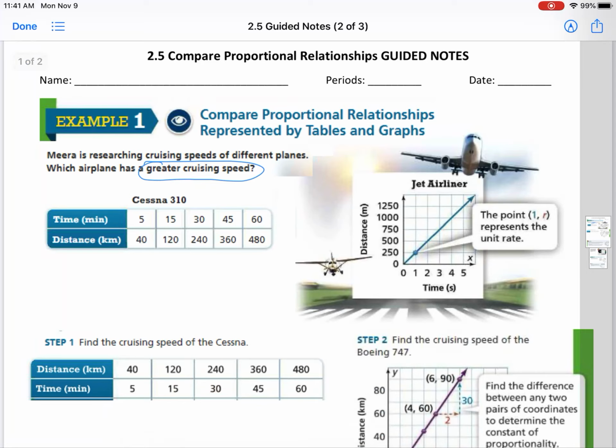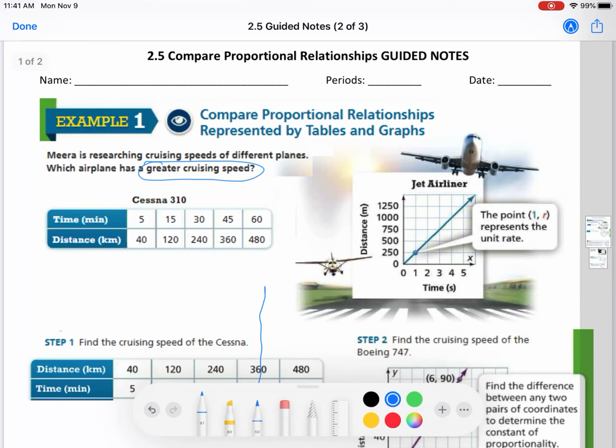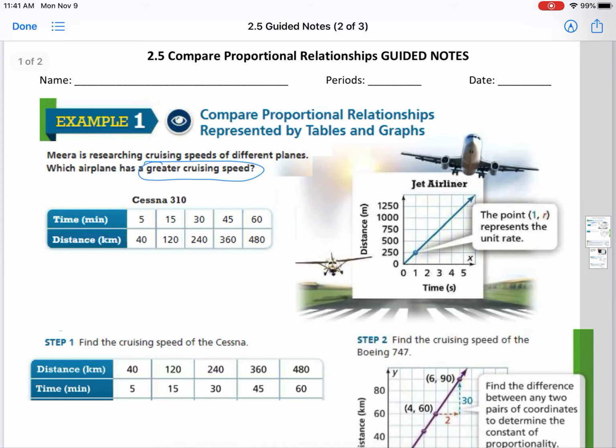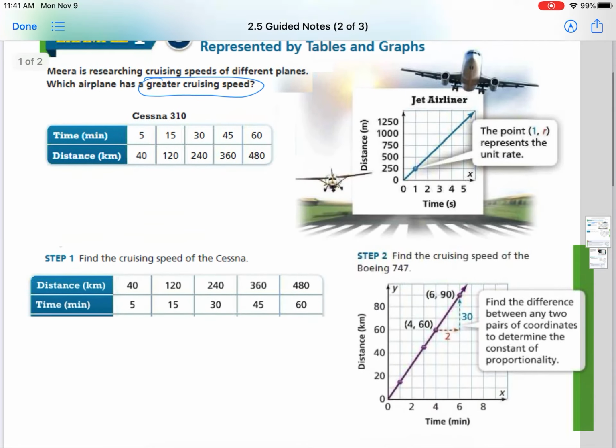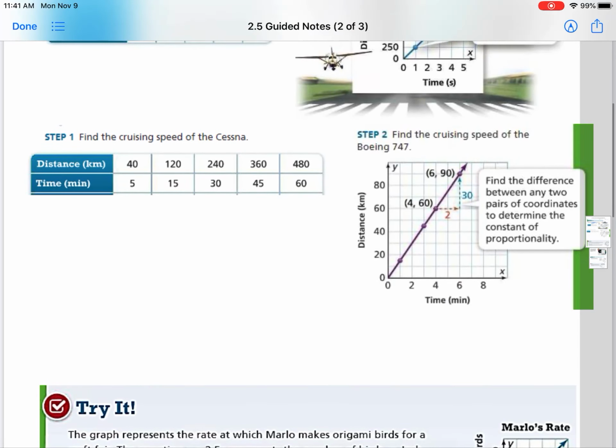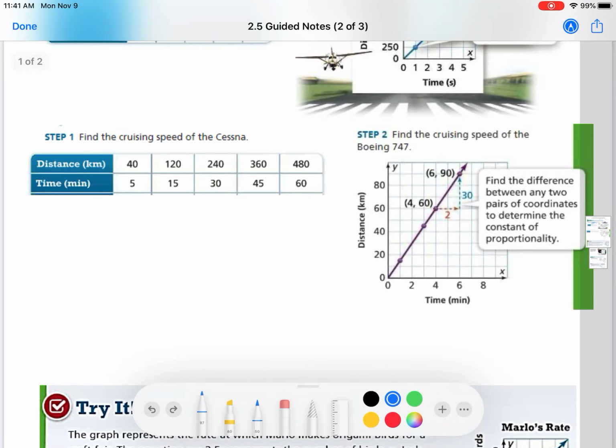Okay, so the information's up top. Let me figure out my tech for a second. There we go. It's going to take us down here to step 1, so this is where we'll do our work. The first thing we're going to compare is the airplane called the Cessna, and that's given to us on a table.